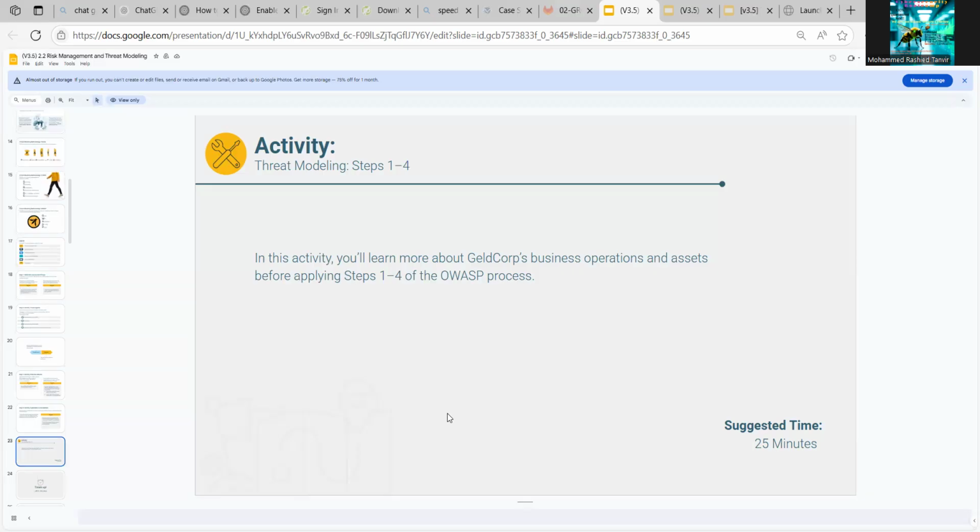Okay, so we found 3 vulnerabilities here. Let me read it out. So here it says the sensitive client information is stored in databases. No, vulnerabilities, I asked a different question: 3 threat agents. Vulnerability is different.